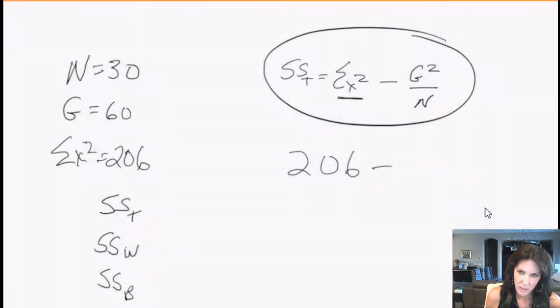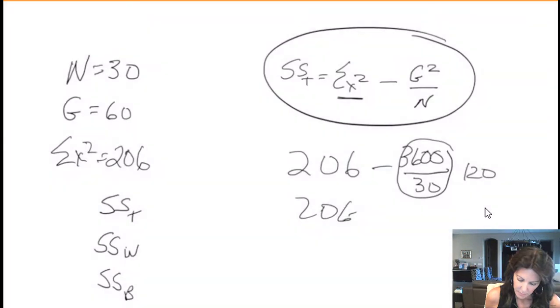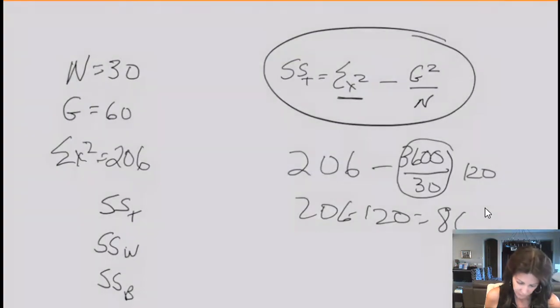Minus our G squared, which is 60 squared for 3,600, divided by our N, which was, our total N was 30. So 3,600 divided by 30 is 120. So 206 minus 120 gives us a total sums of squares of 86.